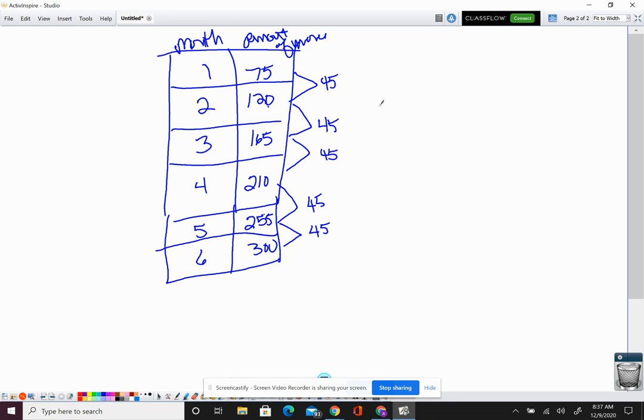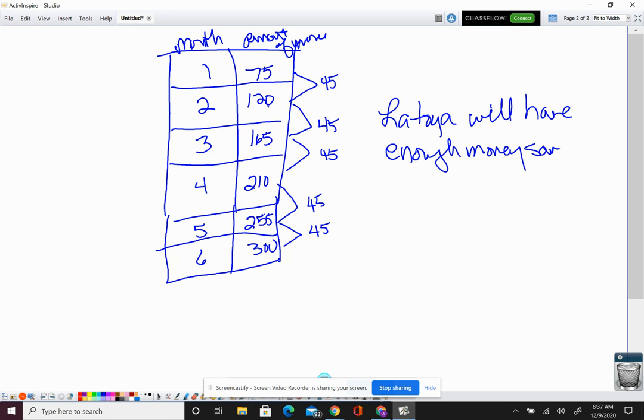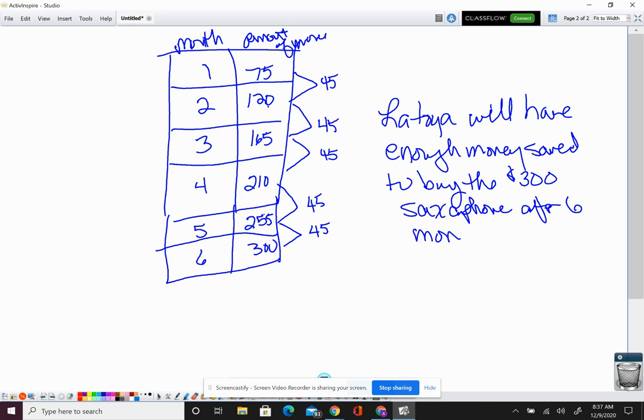So our sentence to end the story problem will be, Latoya will have enough money saved to buy the $300 saxophone after 6 months, or in 6 months.